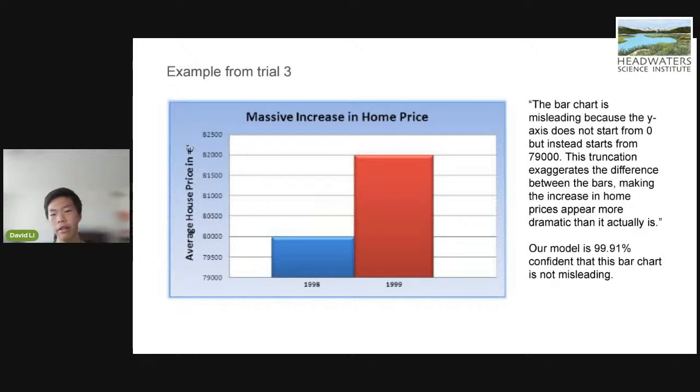Our model, on the other hand, is almost 100% confident that this bar chart is not misleading, showing that our model just is confused. It does not understand this input, and honestly, I wouldn't blame it because there weren't any images with this type of blue background color in its training data, so it does not know how to approach this data.